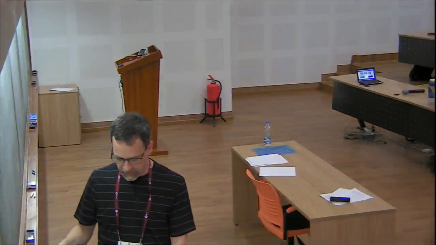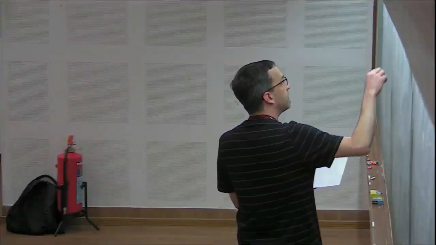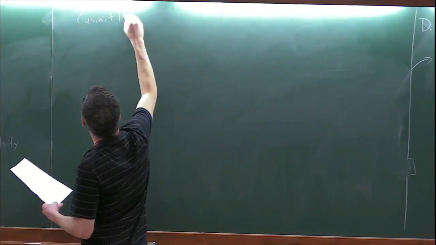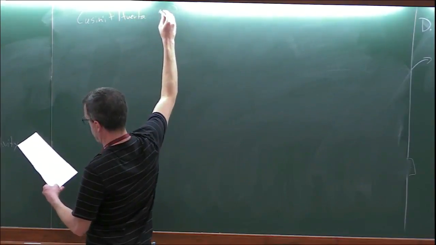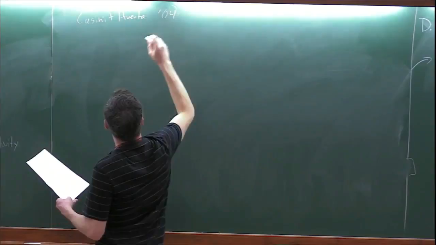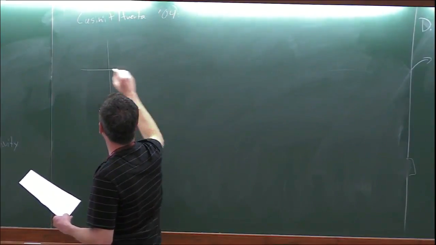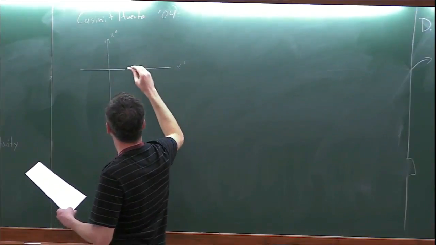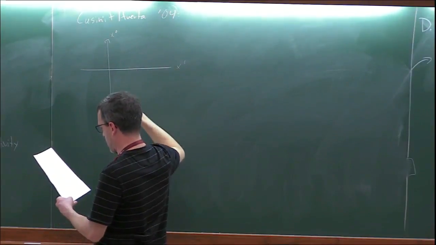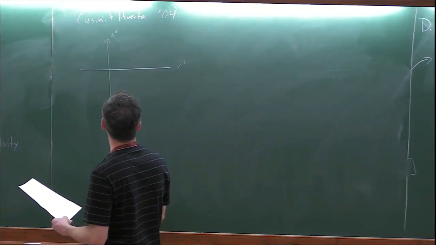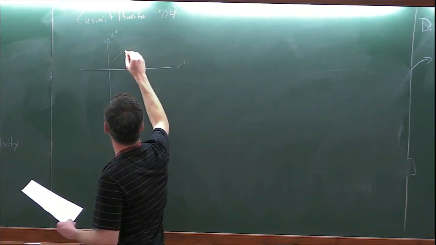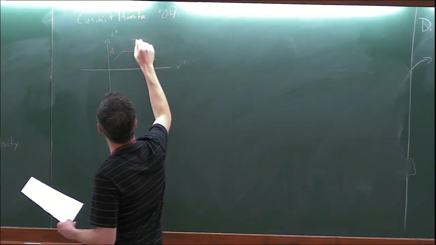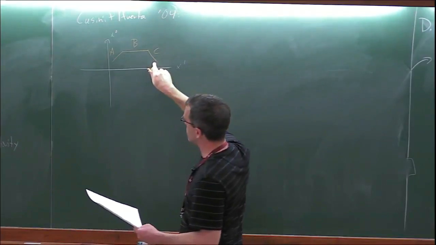So if we have relativity, then we can do the following trick. This is Casini and Huerta in '04. Now in time and space, you can consider the following type of configuration. Here's A, here's B, and here's C, and these are null.